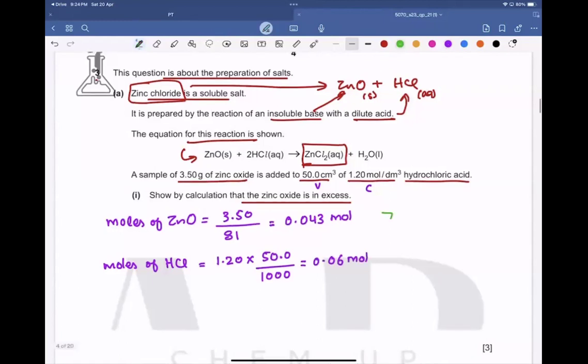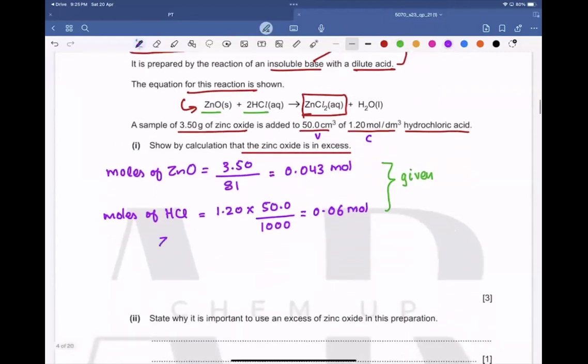So these are the amounts in moles of both the substances which are given to us, right? Now, I am provided with the mole ratio because I have a balanced equation, so I'll use that. I'll take the ratio of zinc oxide and hydrochloric acid.